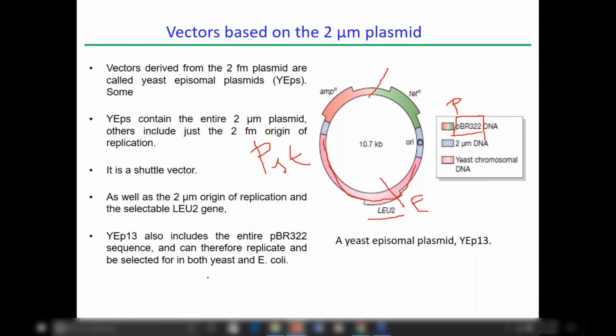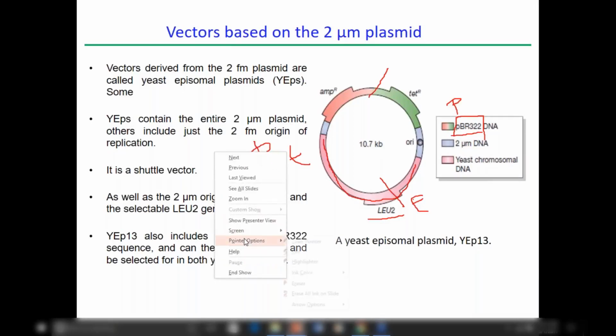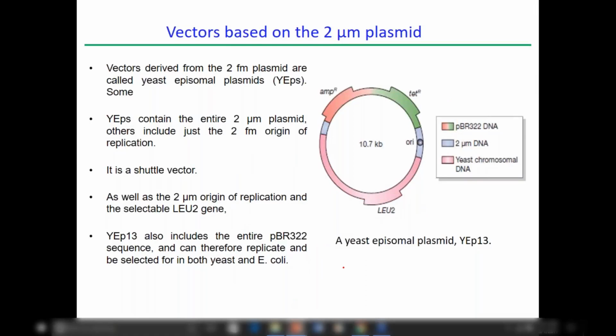If any plasmid grows in 2 different hosts, what is the plasmid called? Very good. That is called a shuttle vector.